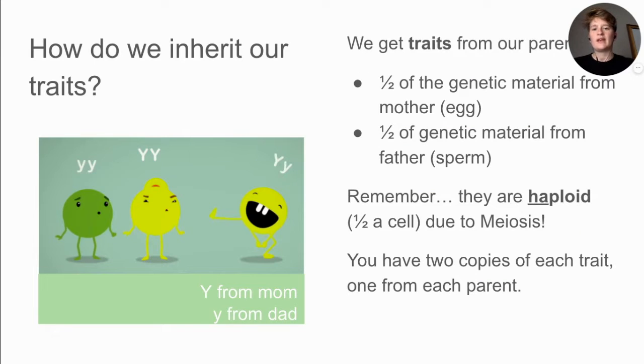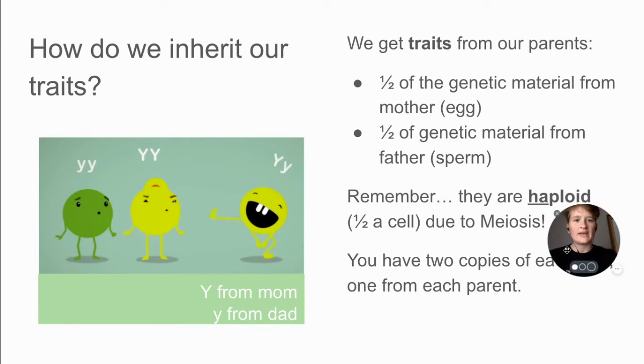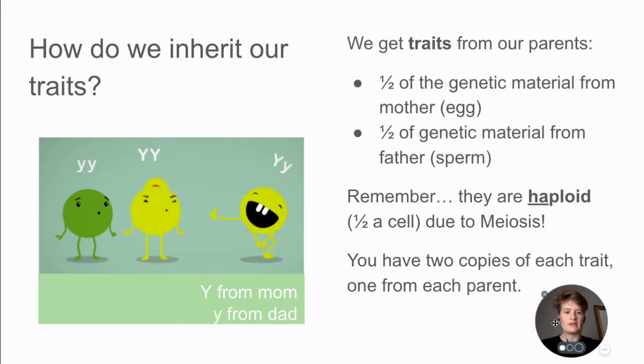How do we inherit our traits? We get our traits from our parents. Half of your genetic material is from your mother. The other half is given to you from your father.